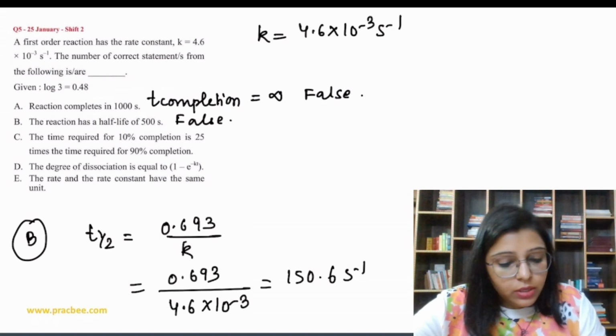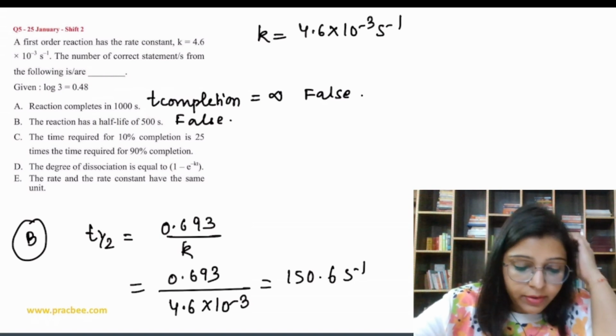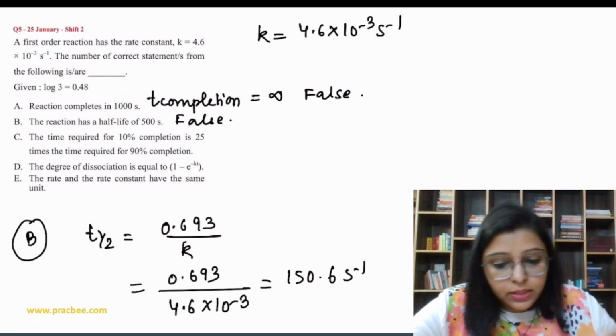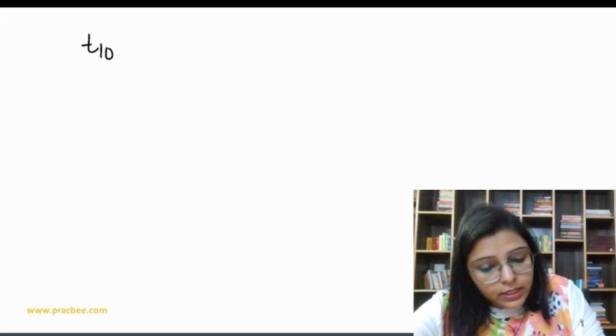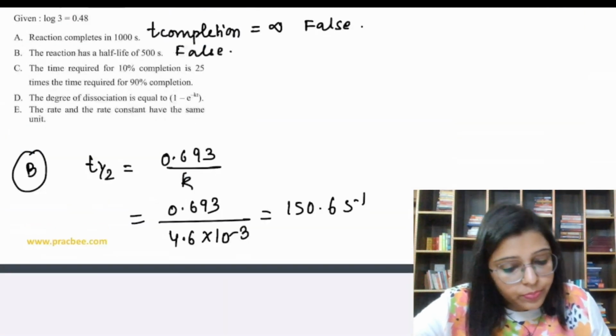Now let's solve the third one. The time required for 10% completion is X times the time required for 90% completion.